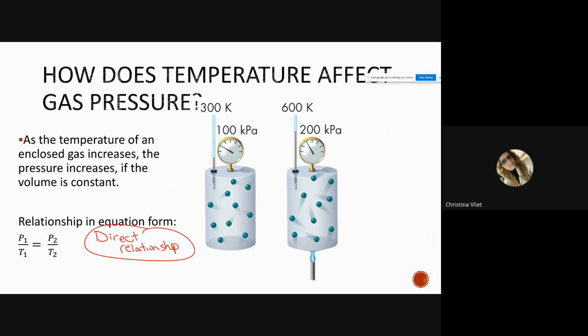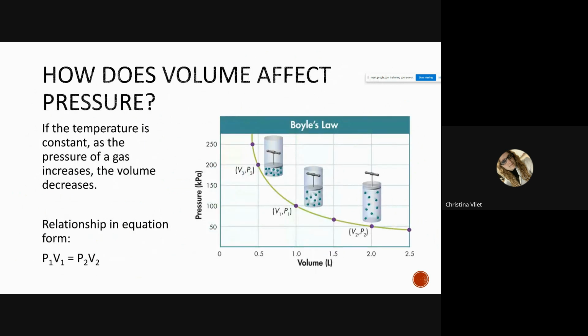In mathematics, a lot of times we look at direct relationships and inverse relationships. And these relationships are what's going to give us the general gas equation you're going to see as the other standard. All right, so here we go. If I decrease the volume of a container, what will happen to the pressure? Let's think about it.